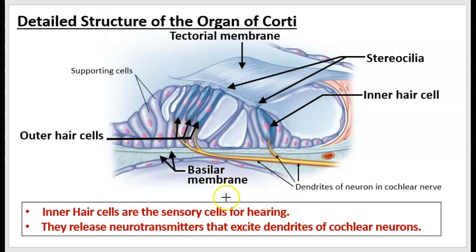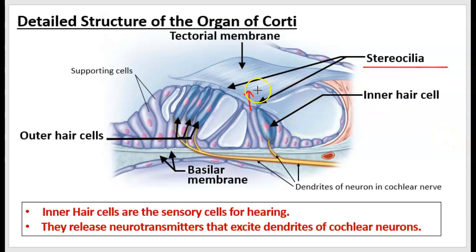So the hair cells are the sensory cells for hearing, and they become excited when they press up against the stiff tectorial membrane. And that's because the stereocilia bend.